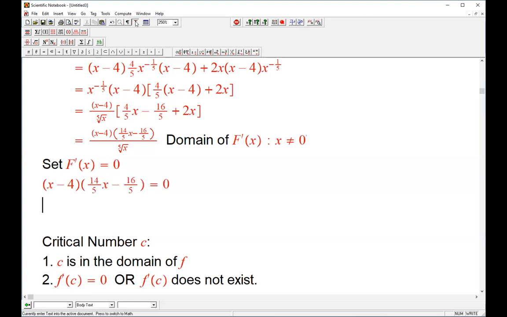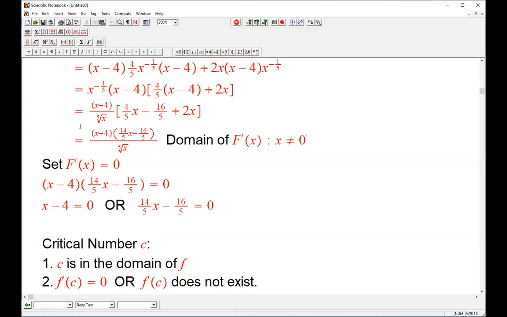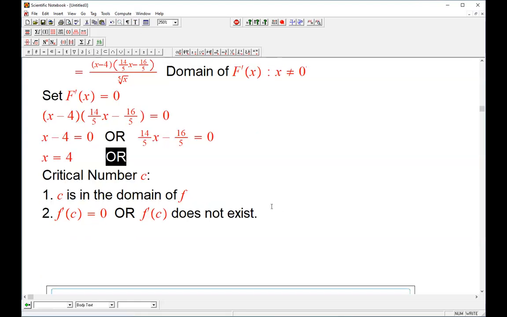So we have x minus 4 equals 0, or the parentheses equals 0. The first is easy to solve: x equals 4. The other one, you just have to be patient to solve it, and we get another number.